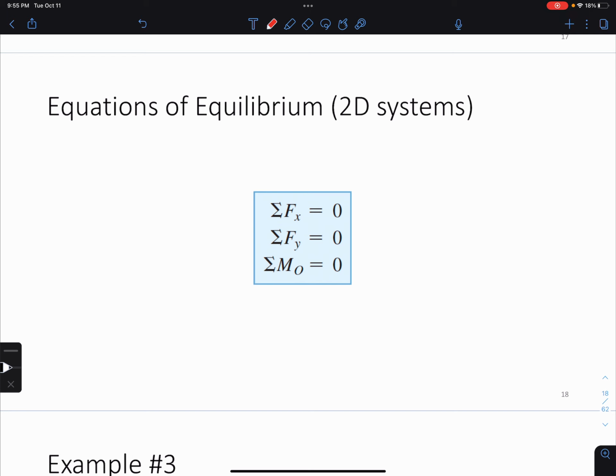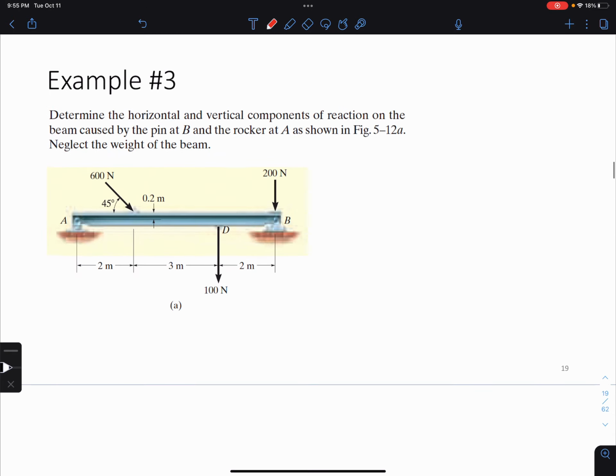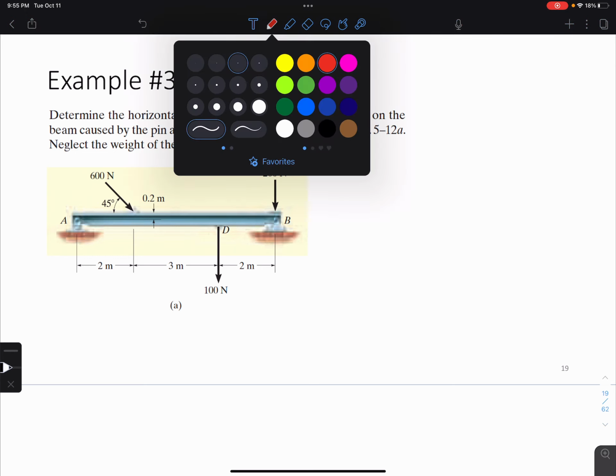So our equilibrium equations are the exact same equilibrium equations that we have for a particle. We're just adding in the moment function now for equilibrium because this is a rigid body. So we have summation of forces in x is 0, y is 0, and summation of moments is also 0. Let's go ahead and apply this to an example and see how this procedure is done.